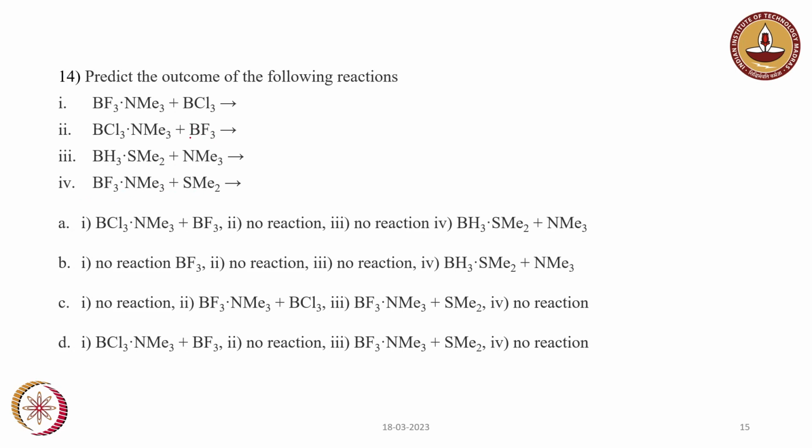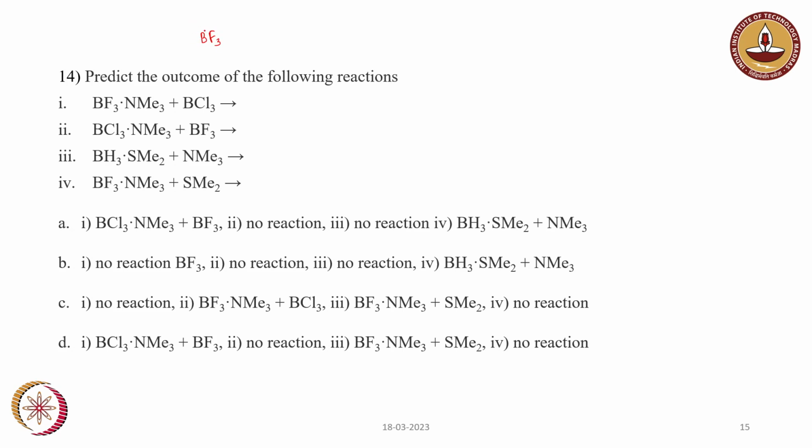So what we have to know is the Lewis acidity and Lewis basicity of each of the compounds. If we want to know if this reaction will proceed or not, we need to know the Lewis acidity order of BCl3 and BF3. In BF3, because of the similar energy of boron and fluorine p orbitals, there will be a back donation to the boron.